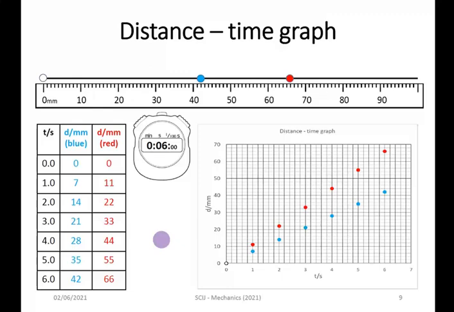We can record them on a table, and we can also represent them on a graph. And you can see the real motion up here. You see, so the particles were moving. Indeed, you can see clearly that the red was faster than the blue. That's why it is further away than the blue particle.